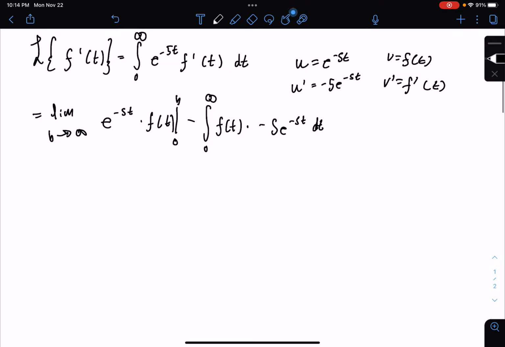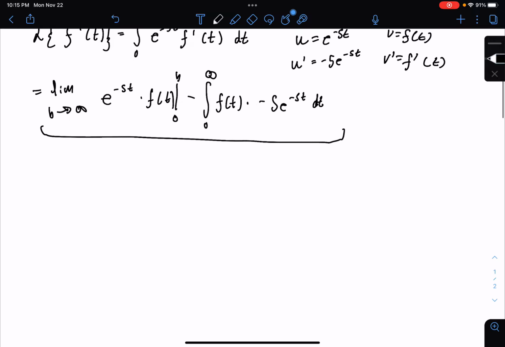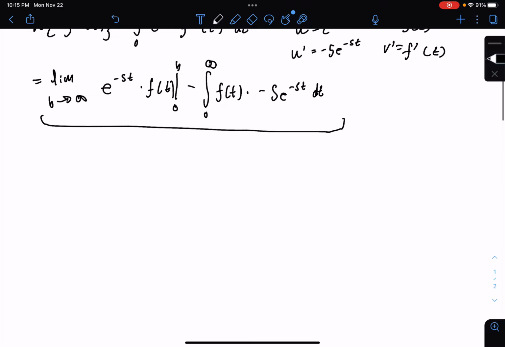Okay, and this whole thing should become, let's see here, so because we have a lower bound of 0 and an upper bound of b, and we're subtracting the integral of 0 to positive infinity, this should become negative f of 0 plus our du, so s times capital F of s.